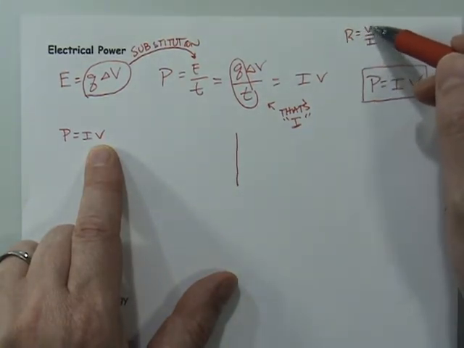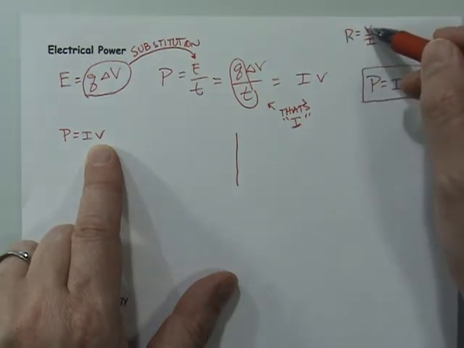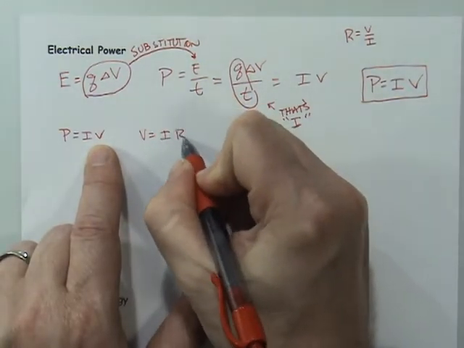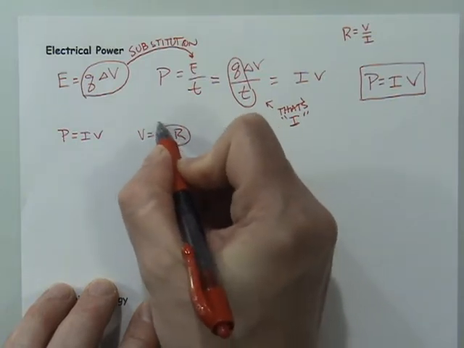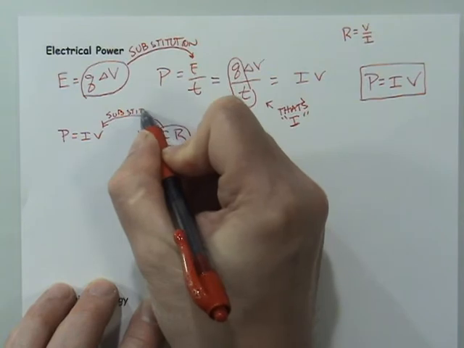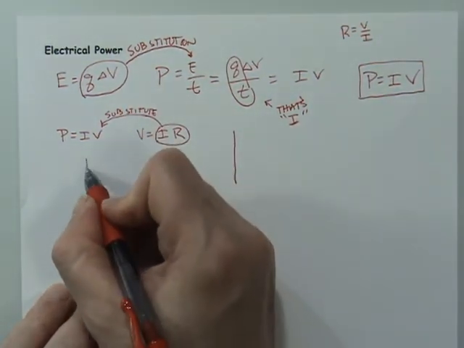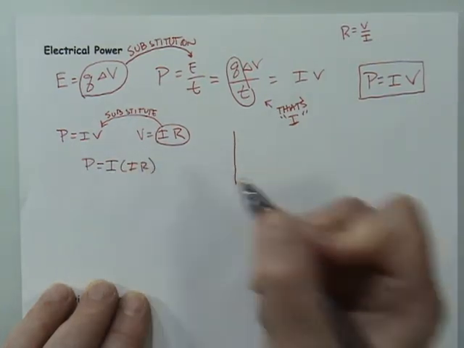If I were to get V by itself, all I would do is multiply by I, and that would say that V was equal to I times R. So since V is equal to I times R, I could make this substitution. And when I substitute that in, I'll end up with this: P is equal to I times the quantity I times R.